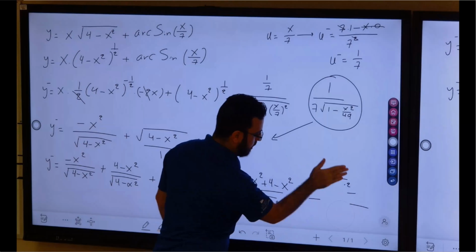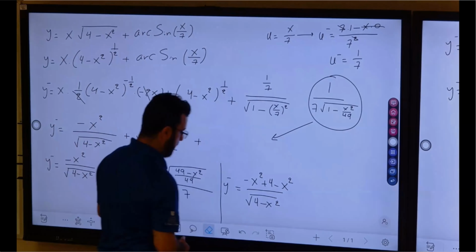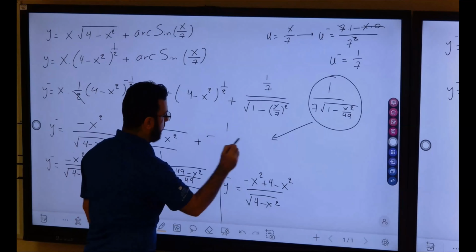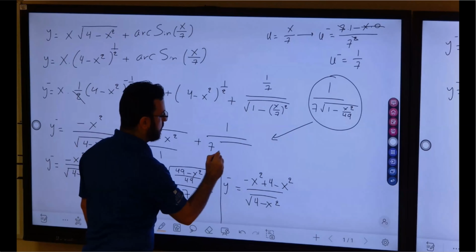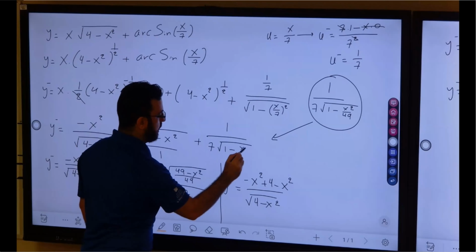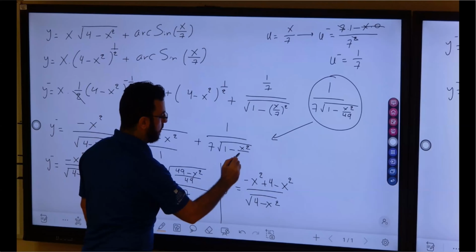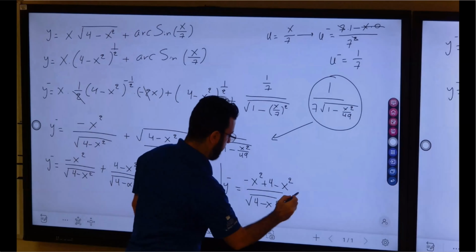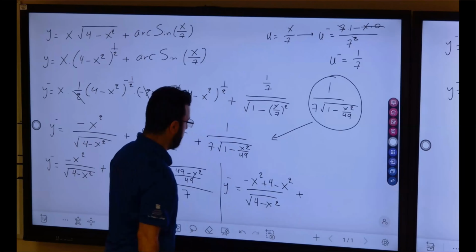So this is towards what? So here is going to be 1 over 7 square root of 1 minus x squared over 9. Combine this here. Again, this is plus.